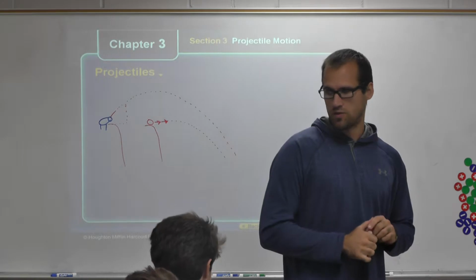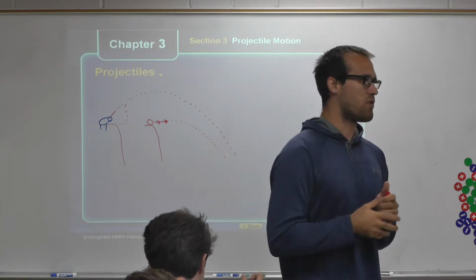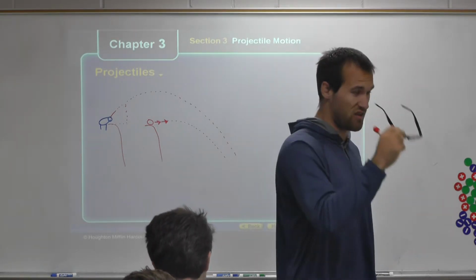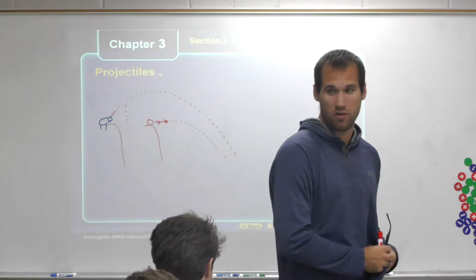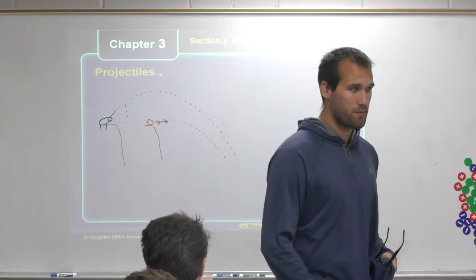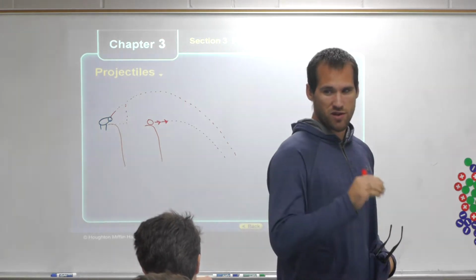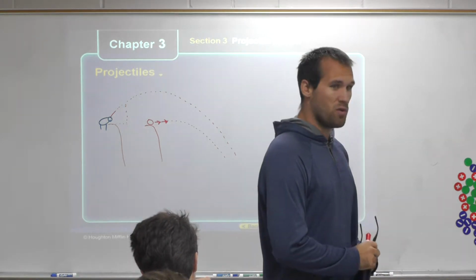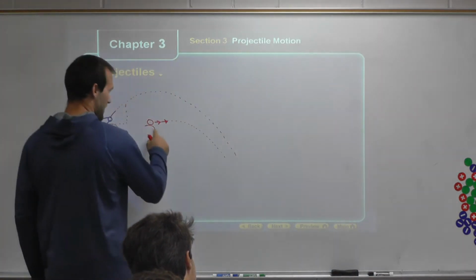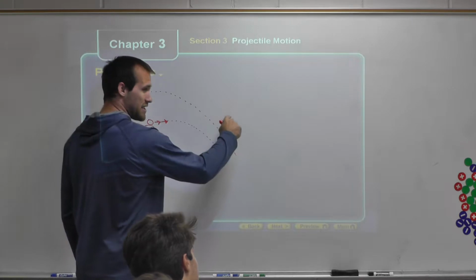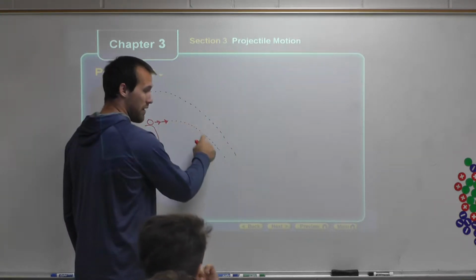So the ones where you're shooting at an angle are going to be more difficult because you have to consider there's an X component and a Y component of your initial shot. But if I shoot it straight horizontally, it's going to keep going horizontally at that speed, but gravity is going to pull it down.